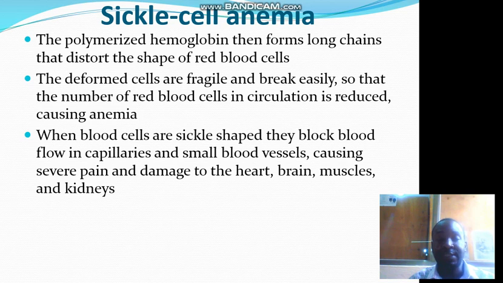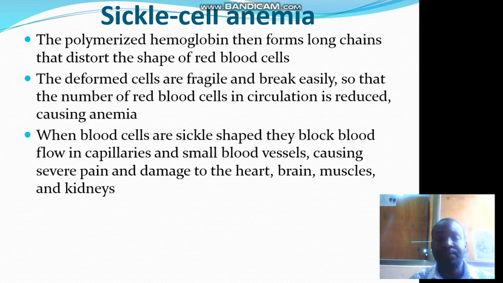Now, this anemia, would it be possible if there was no mutation in the gene coding for the hemoglobin? It could not result, because it is due to that mutation that then distorts the hemoglobin that then leads to the anemia that results from the easy breaking of the red blood cells of such individuals.